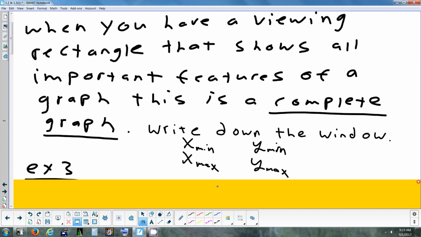Just write down those 4 values. Okay. Any questions on what it means to find a complete graph? Okay. Let's try an example.